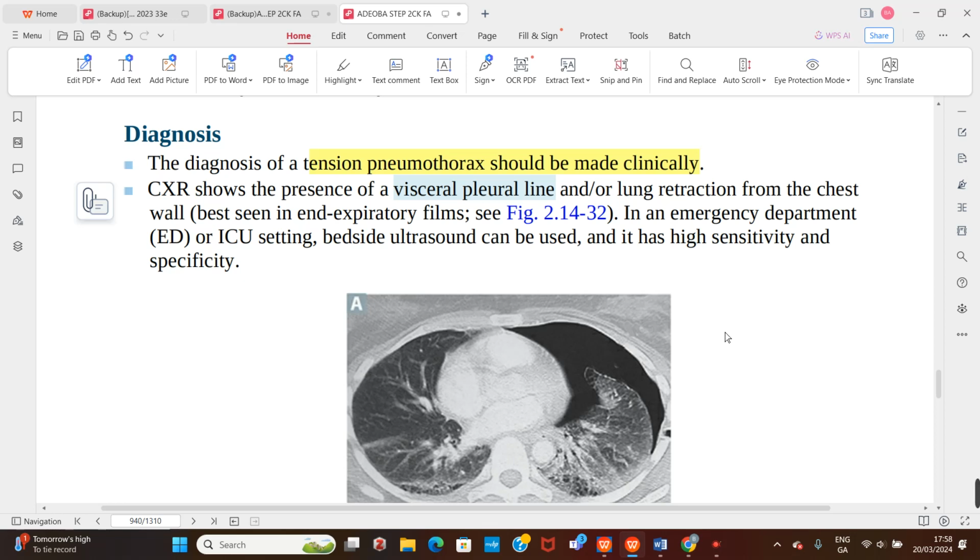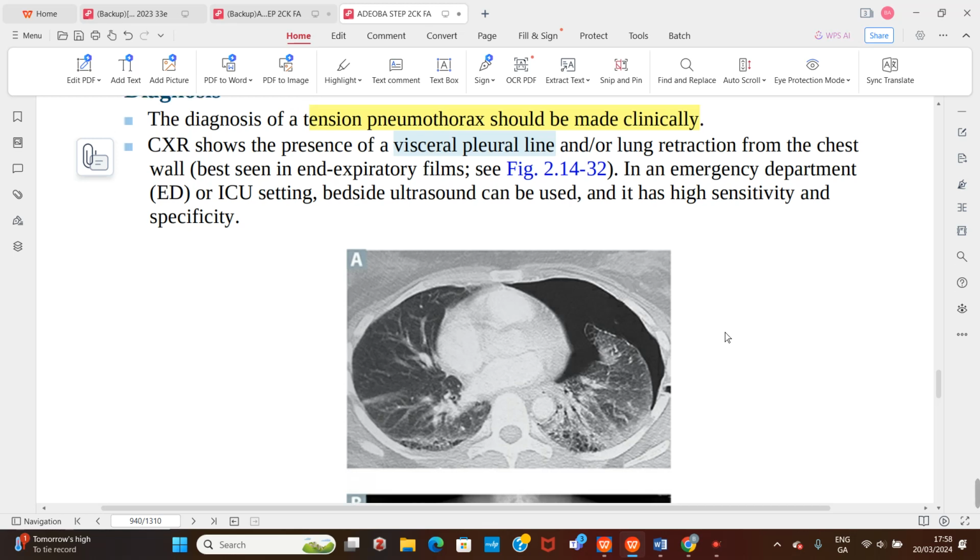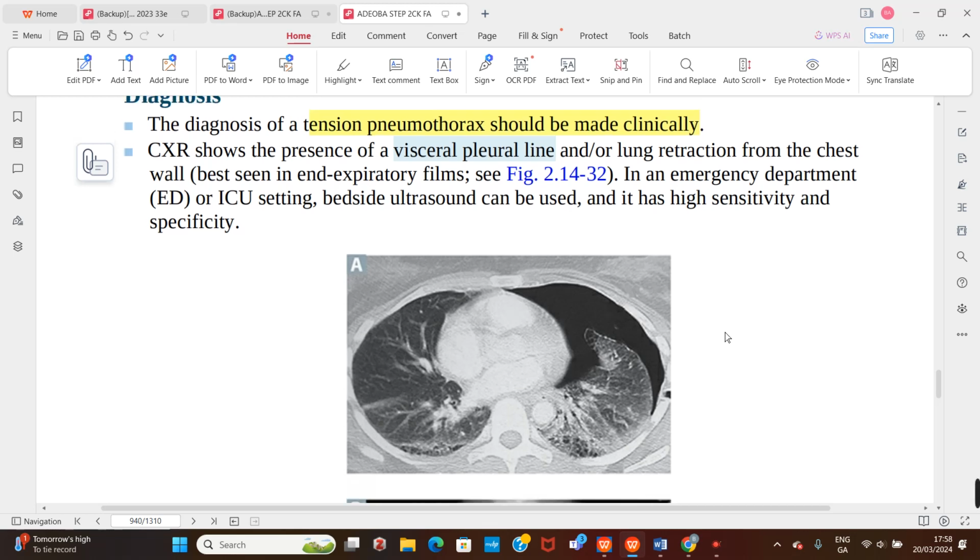Then, what else again? Of course, by the time we measure the blood pressure, it's going to be hypotensive. By the time we check the JVP, it's going to be elevated. So we can easily say that what we are working with is an individual that has tension pneumothorax. So we can now continue the investigation by doing chest X-ray. Ideally, you don't do chest X-ray after you have made your diagnosis.